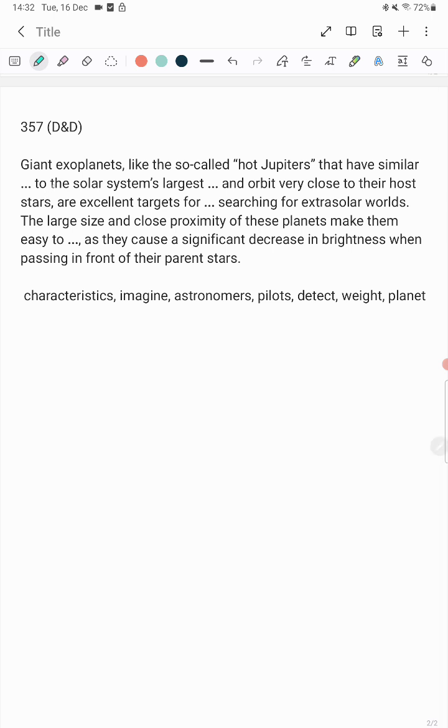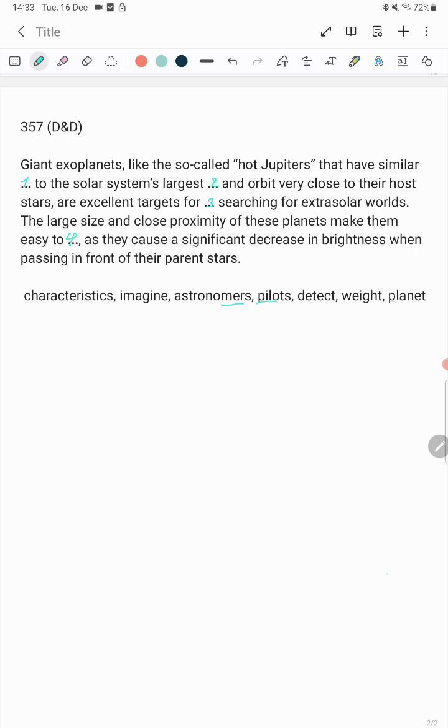Another task about joining. Okay, I need to count the blanks: 1, 2, 3, 4, and the words: 1, 2, 3, 4, 5, 6, 7. Okay, the next example. We can match characteristics, imagine, polite, detect, weight, plots and astronomers.